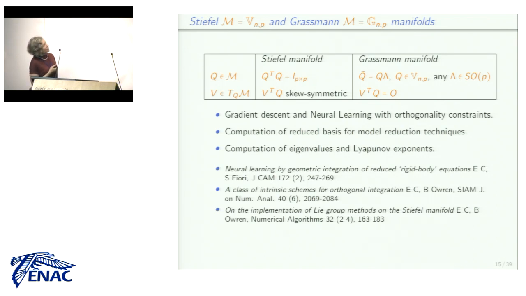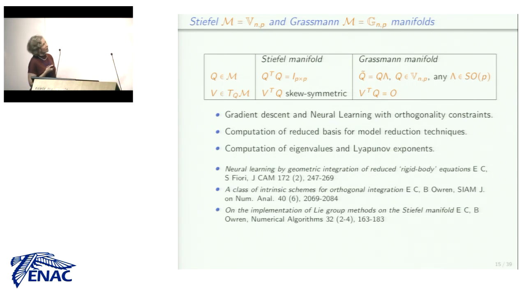My favorite manifolds in this context are the Stiefel and the Grassmann manifolds. In particular, let's concentrate on the Stiefel manifold. The Stiefel manifold is the set of n times p matrices, where n is larger than p, which have orthonormal columns, okay?